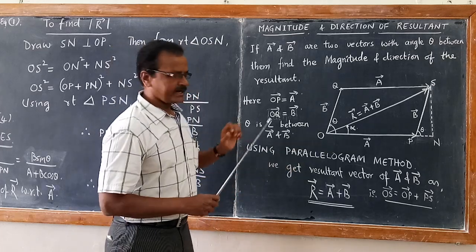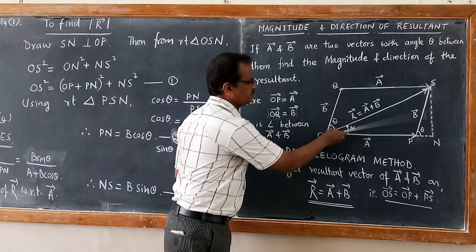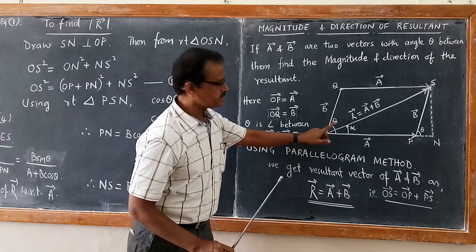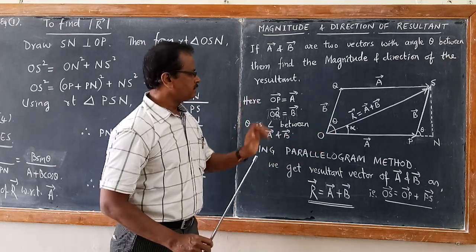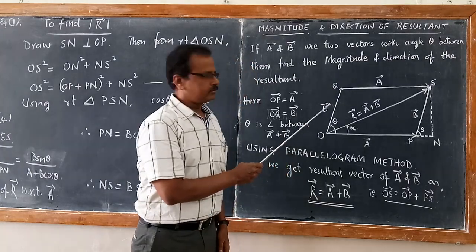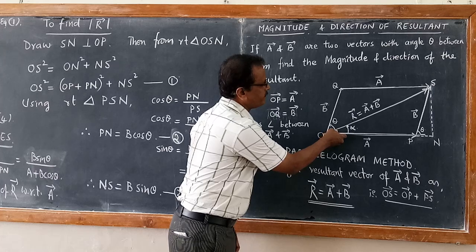To find that, first draw the diagram. Draw vector A and vector B in two different directions with theta as the angle between them. Then, using the law of parallelogram, draw parallel vectors.